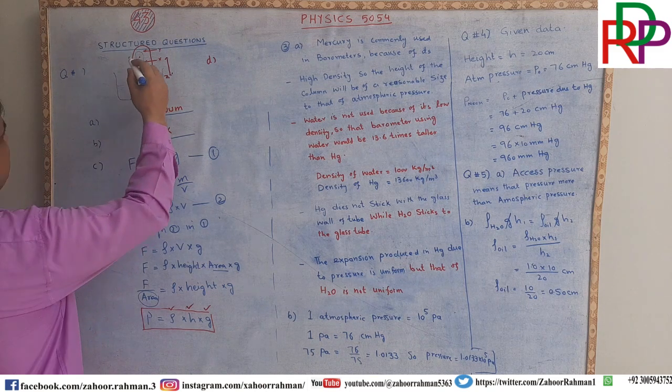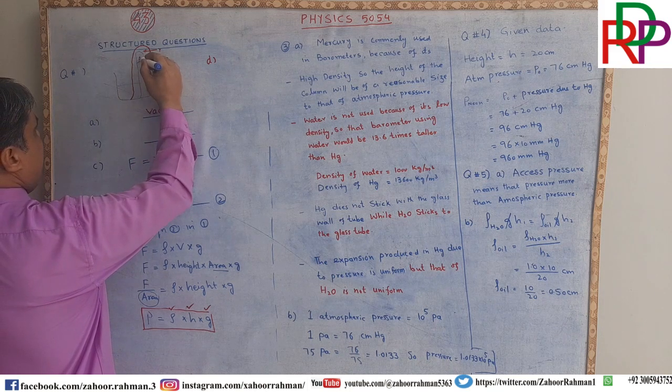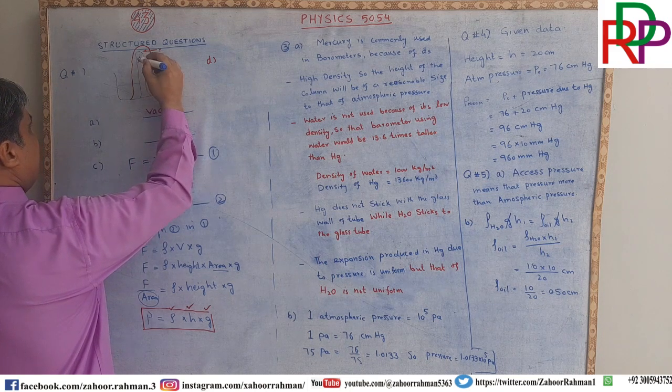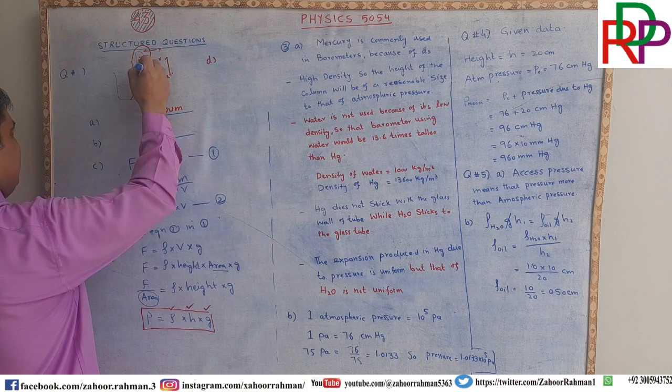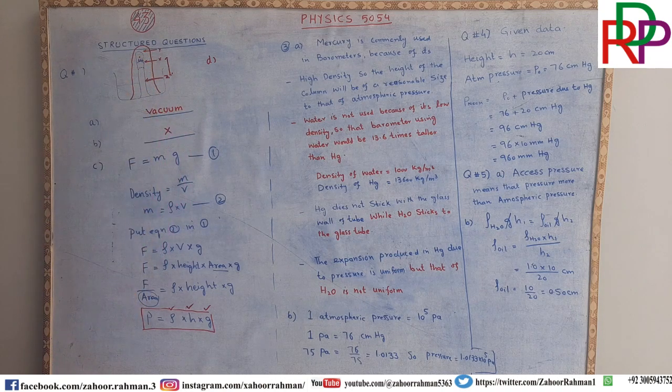Those droplets will put pressure on the column of mercury, and the column of mercury will come down, and the calibration of the barometer will be totally destroyed. We will not be able to take the correct value of the pressure, atmospheric pressure, or any pressure we want to find, because it will destroy this calibration.